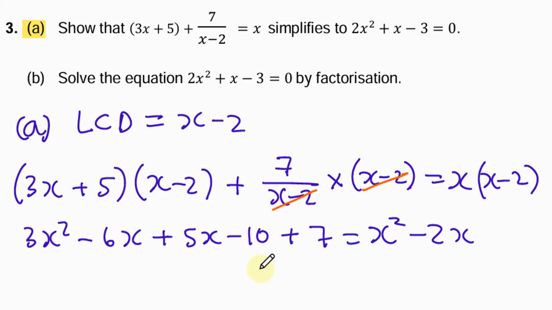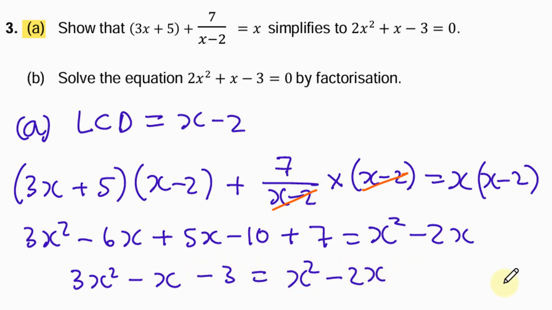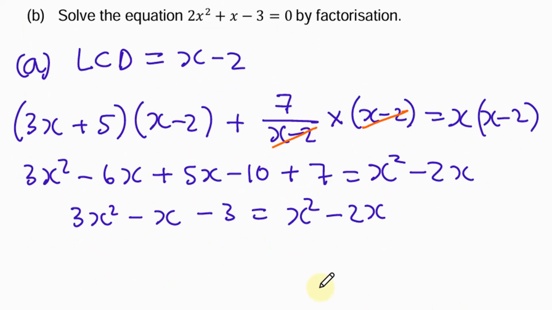Now we simplify the left-hand side by adding like terms. So negative 6x plus 5x is negative 1x, and negative 10 plus 7 is negative 3. Now we can bring all our terms to the left-hand side.